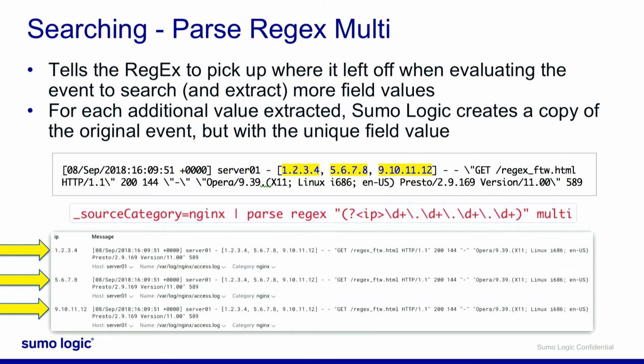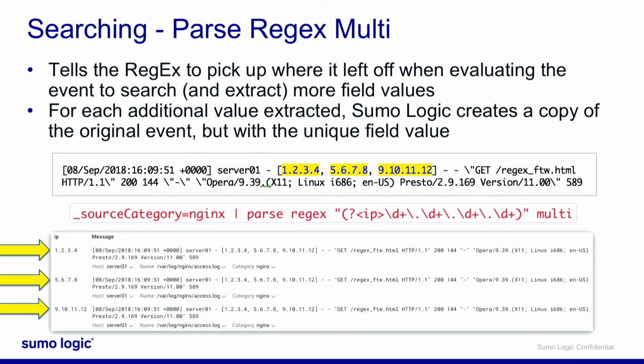Parse Regex Multi. Now, this is actually quite handy. One of the first things I said is that a regex will only match one instance by default. Multi overrides that. This is the best example I could find. This is a web access record, and that line there is like an X-Forwarded-For. There are multiple IP addresses I want to extract and report on over time.